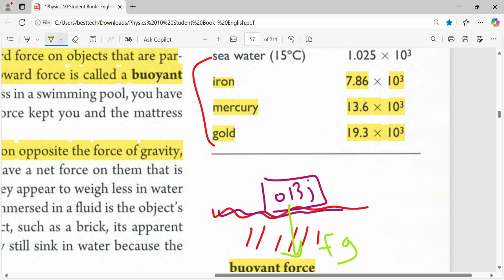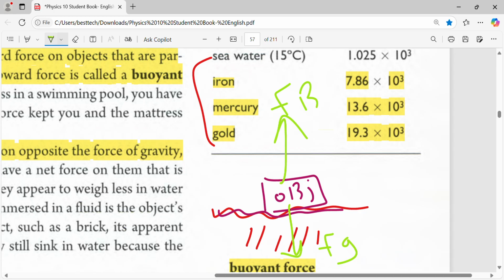But our topic is about buoyant force. The buoyant force can affect the object, but the direction is always upward. This is called buoyant force. We know that Fg is gravitational force. The Earth attracts the object toward itself by the gravity force.